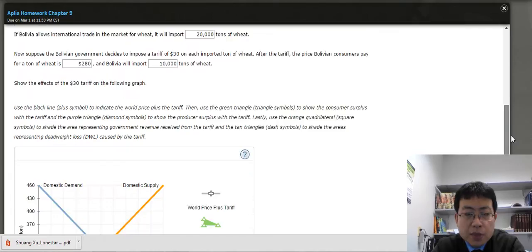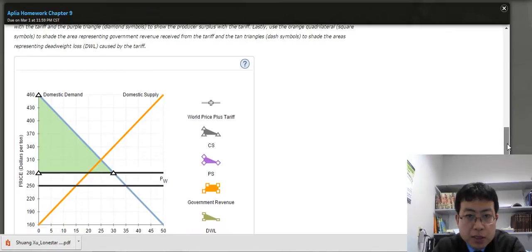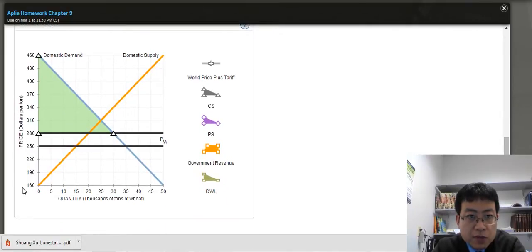And then to show the consumer surplus, again, it's the triangle above our price line and below our demand curve. But now your price line is this new price above PW, the new price with tariff. So the price line at 280, and now our producer surplus is below our supply curve and the price line, so this triangle over here.